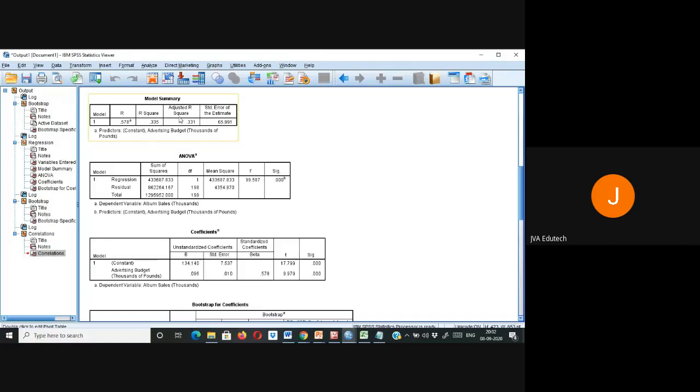Now, after this, the second most important table is this ANOVA table. Whenever you apply a regression, there is an ANOVA table that comes with it. Can anybody tell me what is the relevance of this ANOVA table?